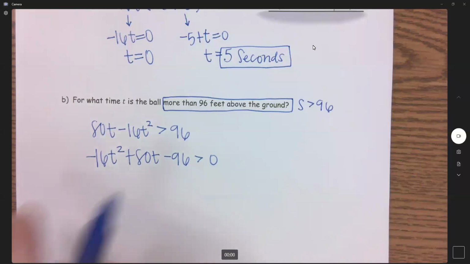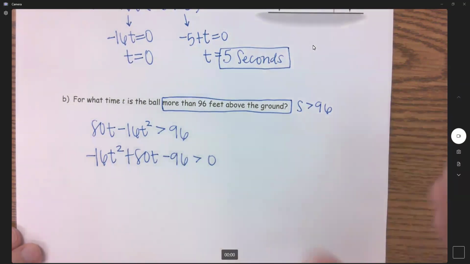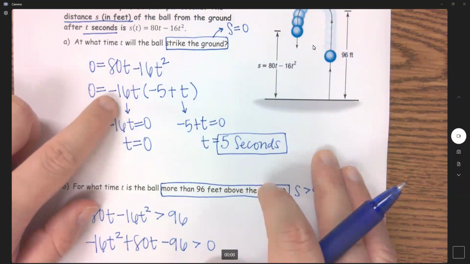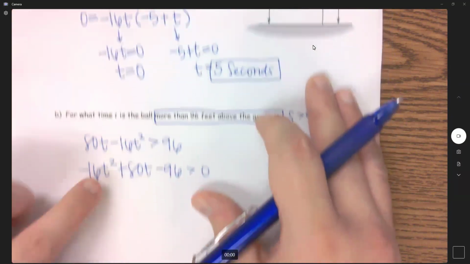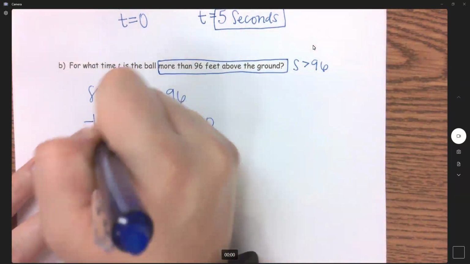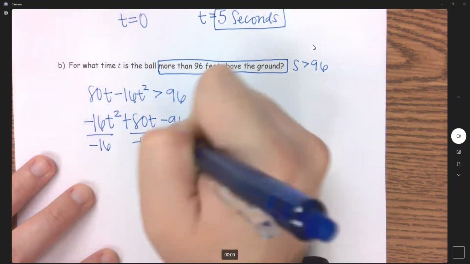We're going to go with negative 16 to turn this t squared back positive. Now, you can either pull it out or I'm just going to divide it. I like to pull it out when my GCF includes a variable, but here it doesn't include a variable. It's just negative 16. So I'm going to divide everything here by negative 16.